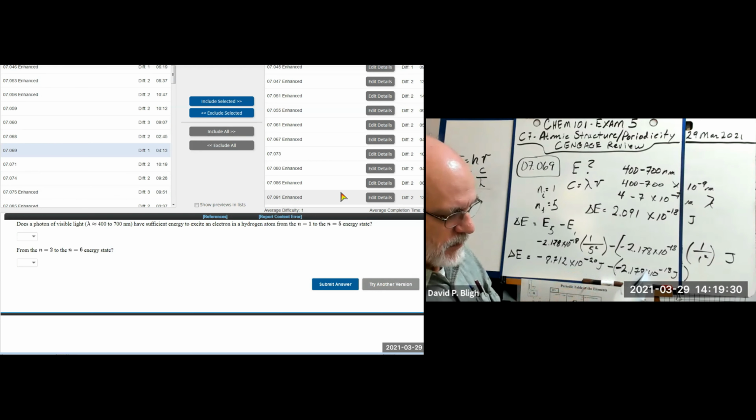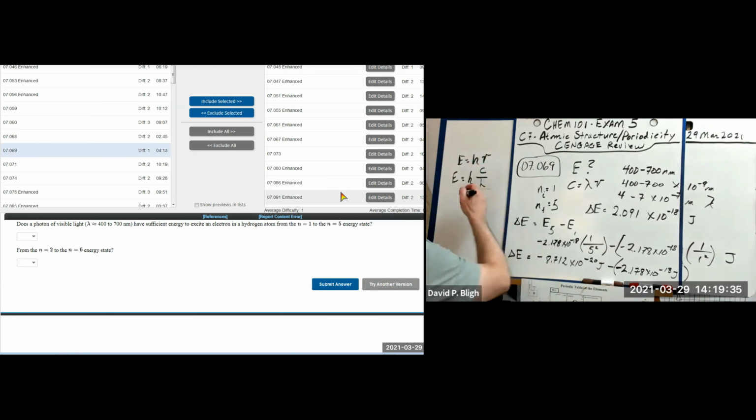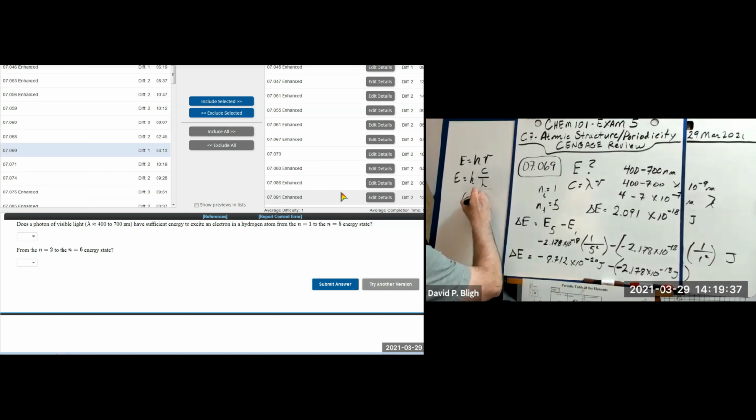Here it is. 6.626 times 10 to the minus 34 joule seconds. And that's times 2.9979 times 10 to the 8th meters per second divided by the wavelength.